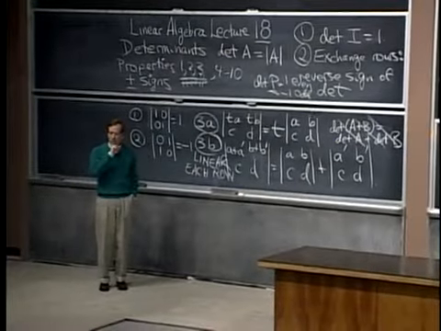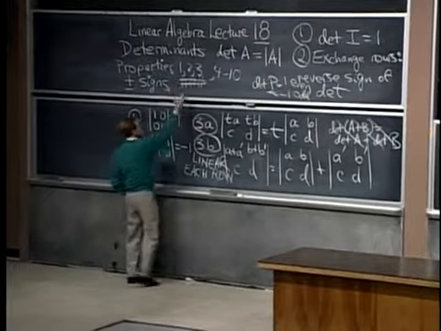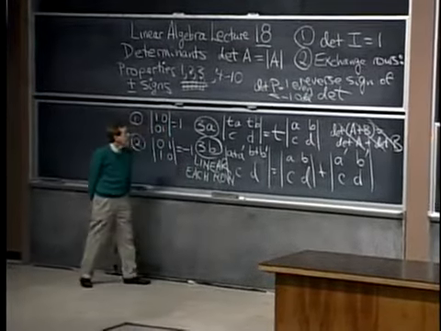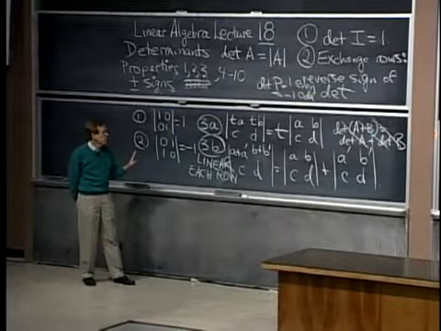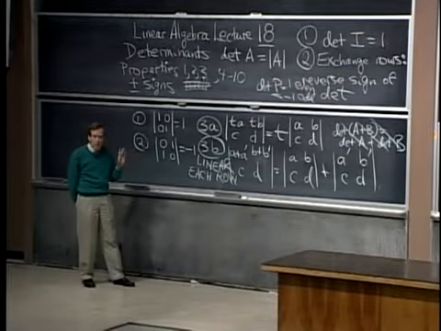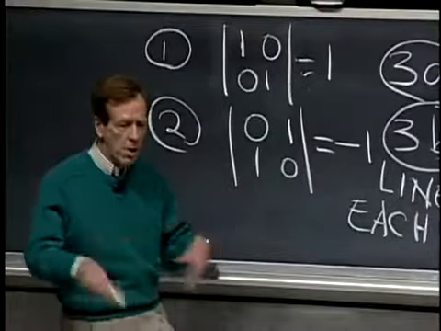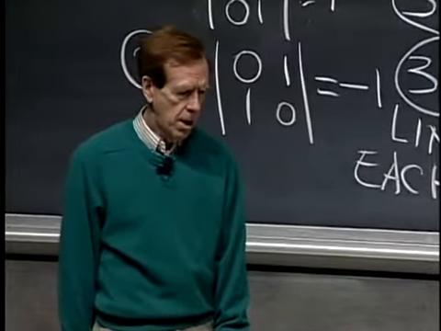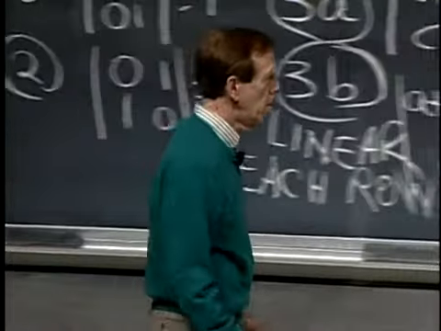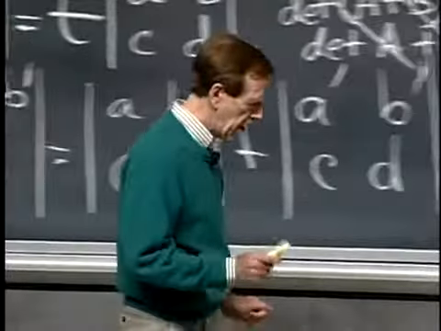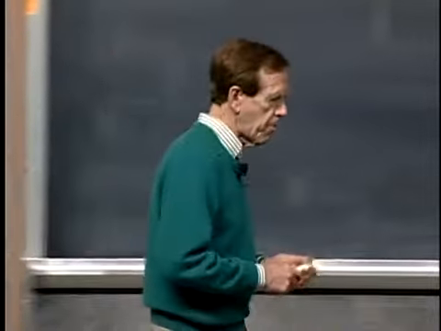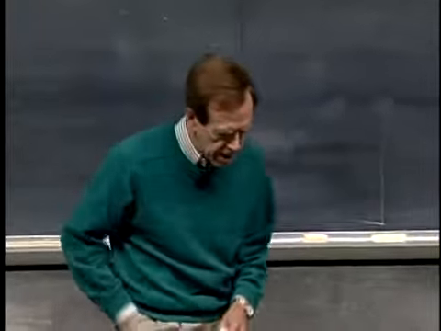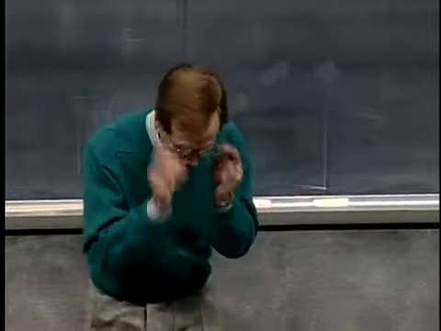And from those properties, properties 1, 2, 3, I want to learn a lot more about the determinant. Let me take an example. What would I like to learn? Here's a property 4. Let me use the same numbering as here.